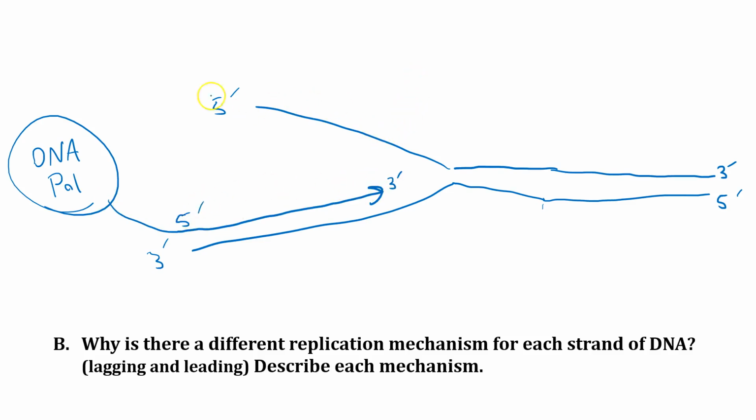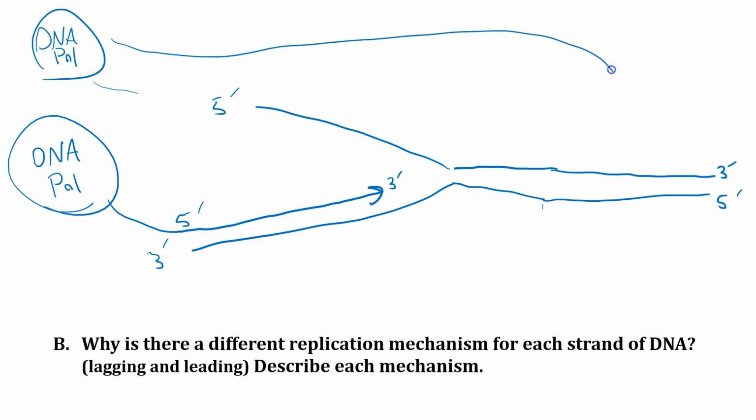Okay, but if I had another DNA polymerase enzyme here, it couldn't read off of here because this is the 5' end. So it has to come over this way and read at it from this direction, because this is going to be where the 3' end is exposed. So then it attaches here and it builds this way in the 5' to 3' direction. Okay.